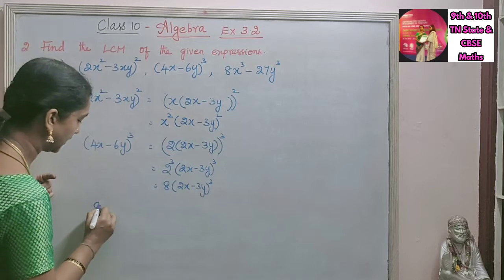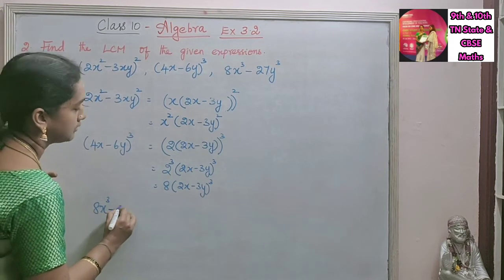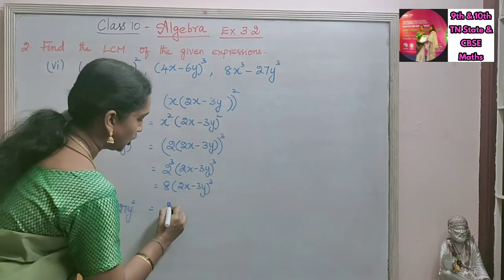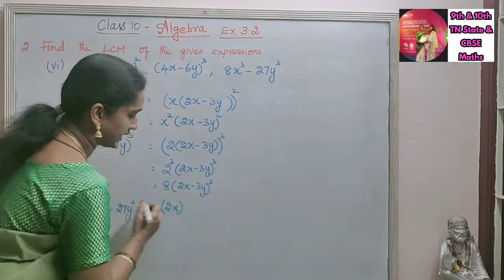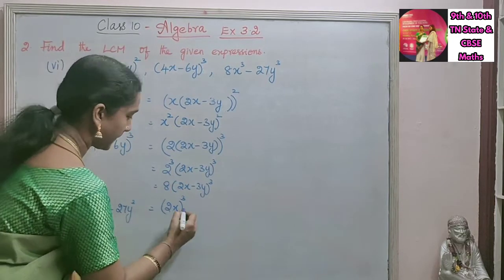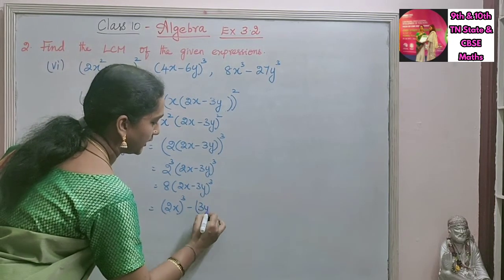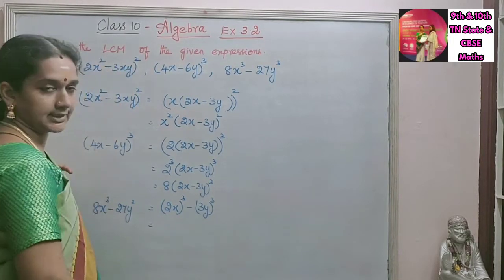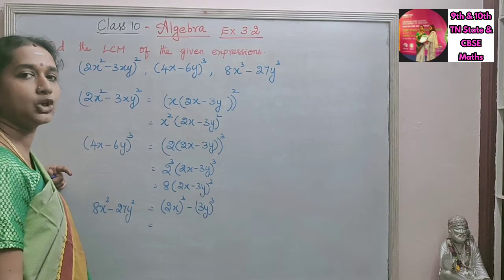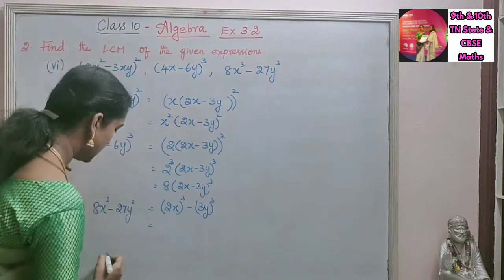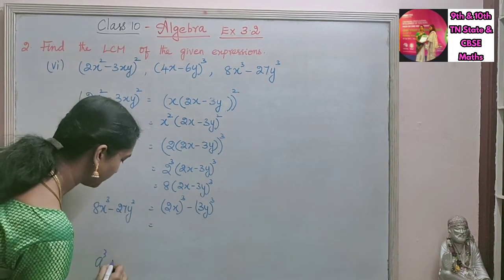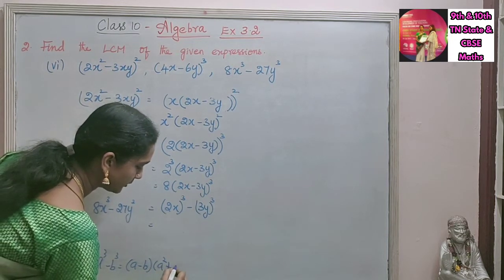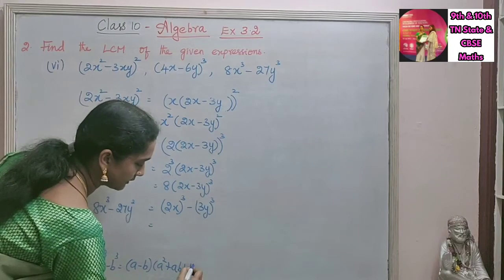Then the third one is 8x cube minus 27y cube. I am rewriting this as 2x the whole cube minus 3y the whole cube. For this we can use the identity a cube minus b cube, which is a minus b into a squared plus ab plus b squared.